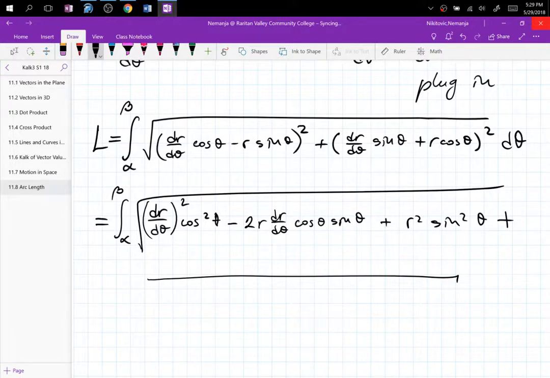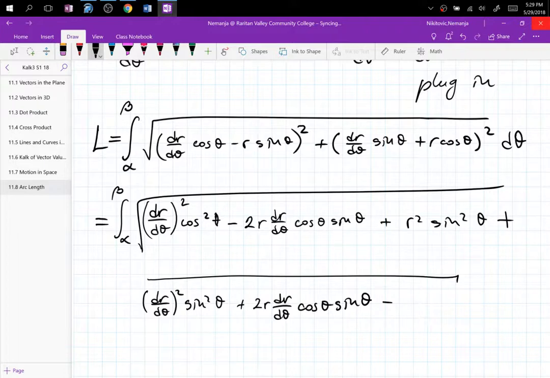So plus, I have pretty much the same: dr d theta squared sine squared theta. Now we have plus 2r dr d theta cosine theta sine theta plus r squared cosine squared theta, and finally d theta at the end. These two cancel.